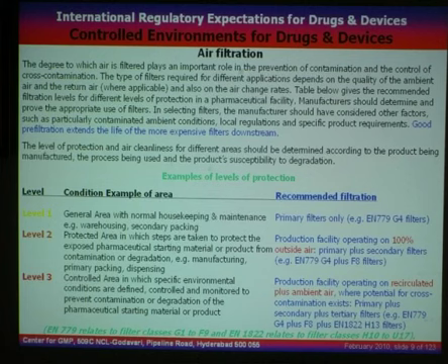Primary plus secondary plus tertiary filters are required, example EN779 G4 plus F8 plus EN1822 up to H13 filters. EN779 relates to filter classes G1 to F9 as we have seen earlier, and EN1822 relates to filter classes H10 to U17.